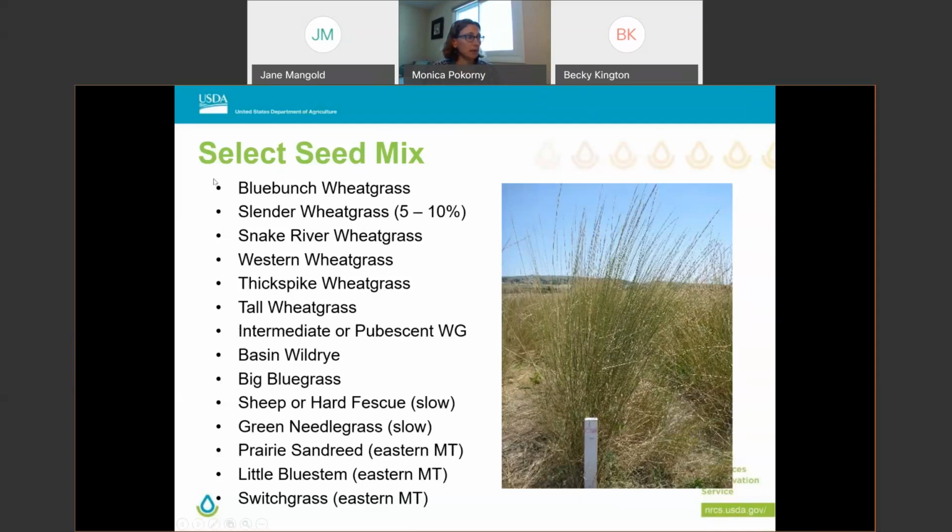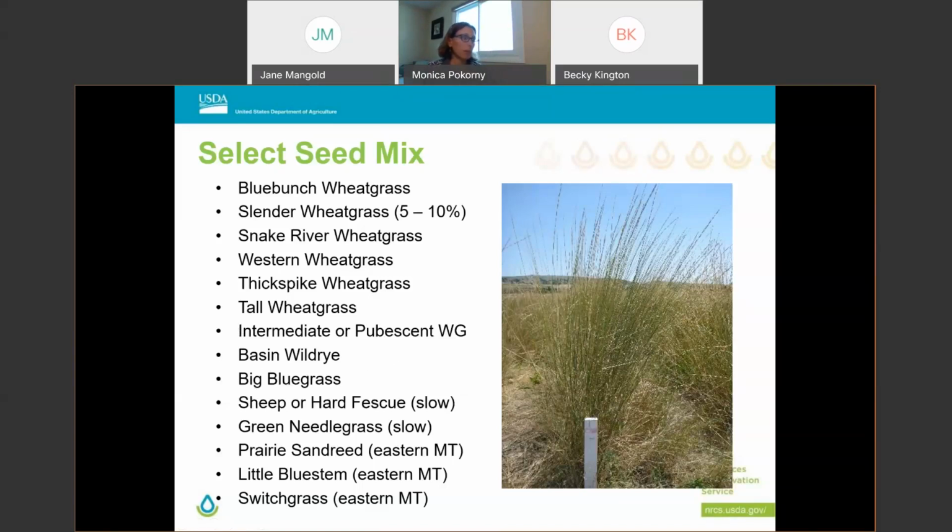And I would say that all of these would do well throughout most places in Montana. Basin wildrye and big bluegrass would also be competitive grasses, but probably more limited in the environments that they're going to grow in.